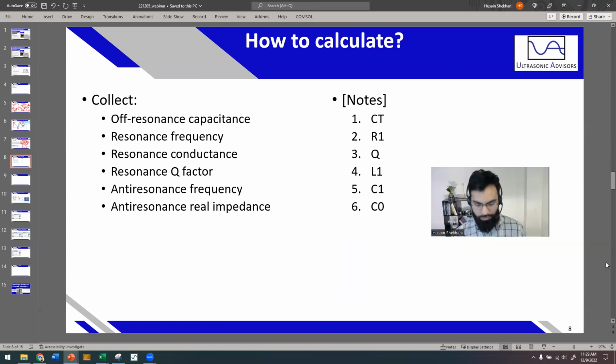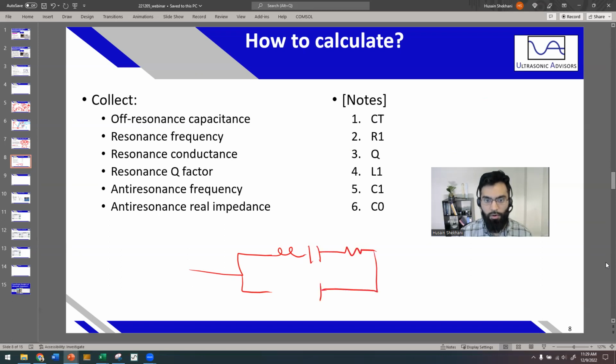Let me just draw out a little diagram just to show you what components are called what. So we have the L, C, R. The only thing creating losses is this resistance. So we just call this R1, C1, L1.